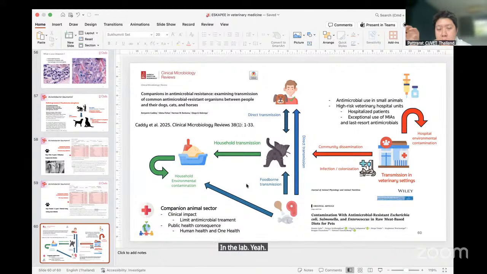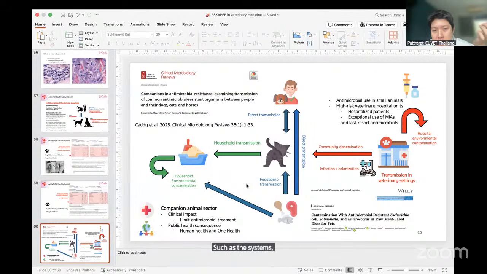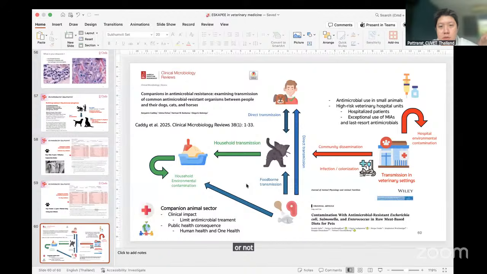For clinical cases, there are many factors, such as the systems involved with the infections, and also the animal conditions. Are they immunosuppressed or immunocompromised or not? The clinical outcomes are not based only on the lab results.